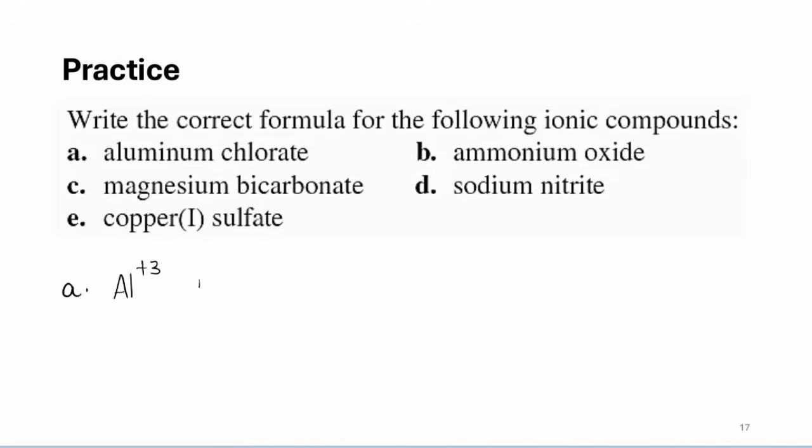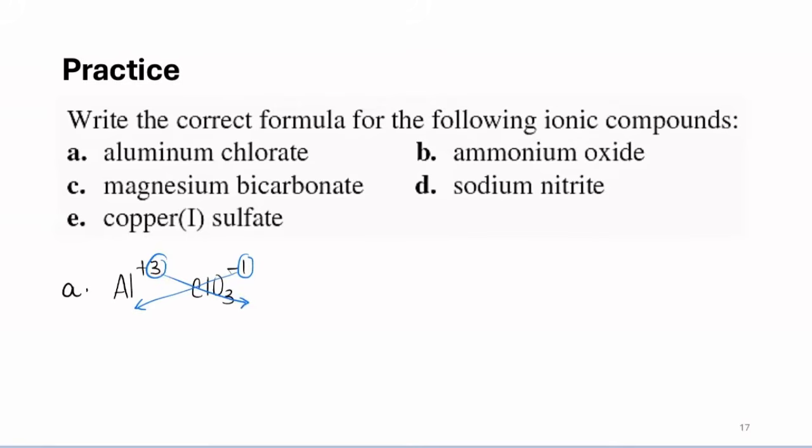Chlorate is going to be ClO3 -1. When I do the 4 steps that we have learned previously for going from name to chemical formula, I'm going to take this 1 and assign it as the subscript of aluminum. I'm going to take this 3 and assign it to the subscript of chlorate.